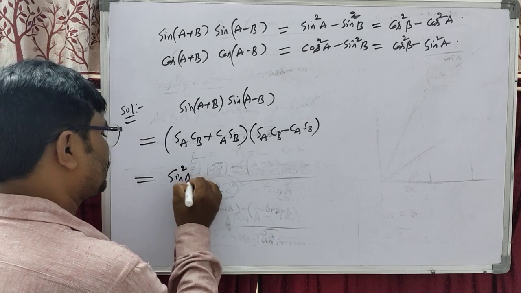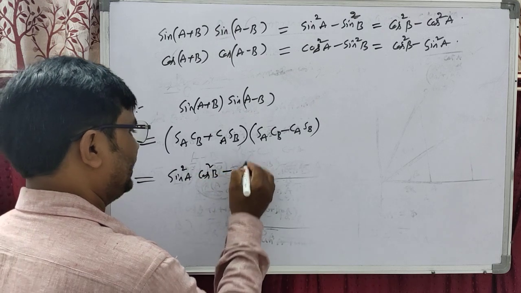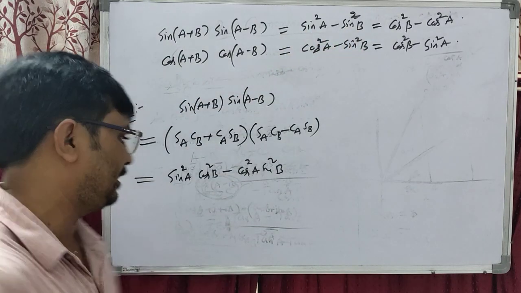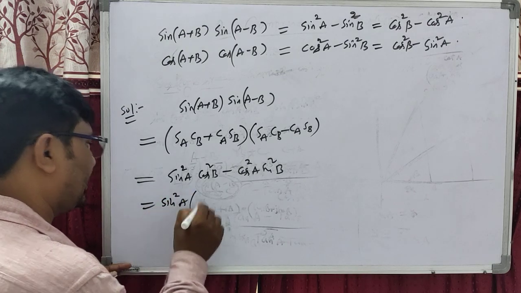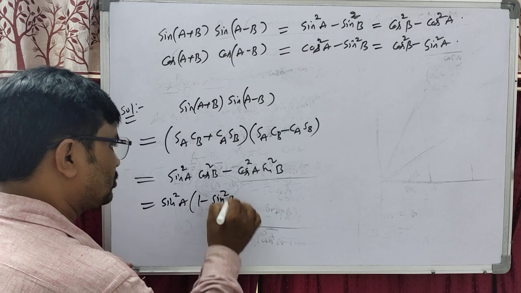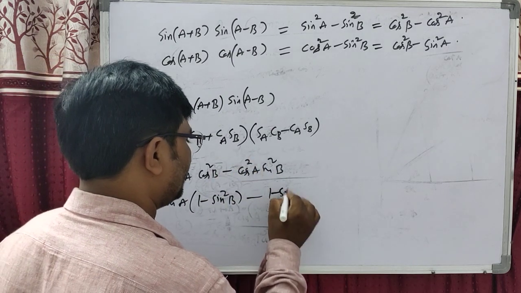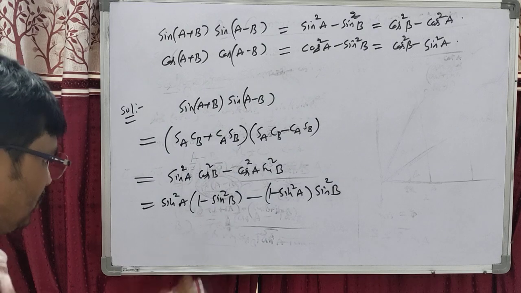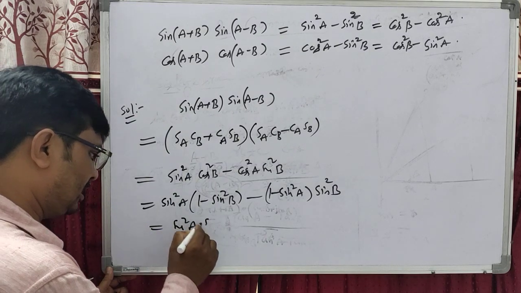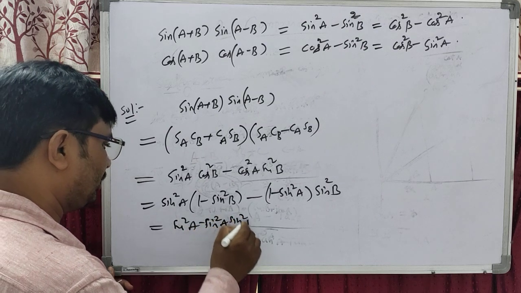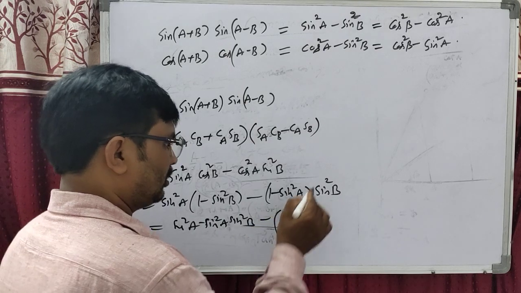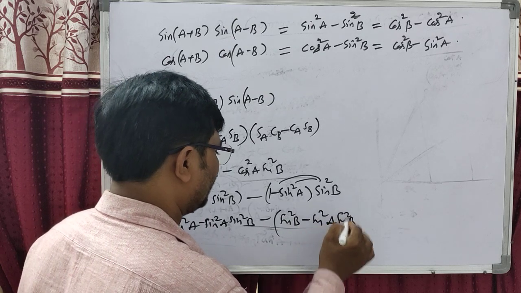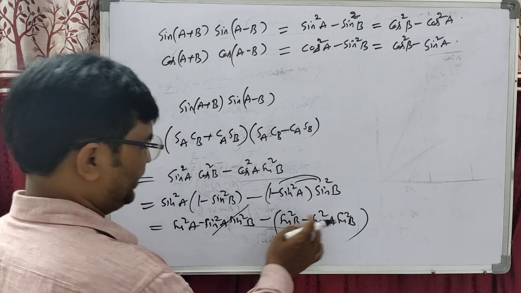This is sin square A cos square B minus cos square A sin square B. Dear students, the first formula is in terms of sine, so we can write cos square B as 1 minus sin square B, and cos square A as 1 minus sin square A. So we get sin square A into (1 minus sin square B) minus (1 minus sin square A) into sin square B. Now multiplying, this is sin square A minus sin square A sin square B, minus sin square B plus sin square A sin square B. Minus into minus is plus.